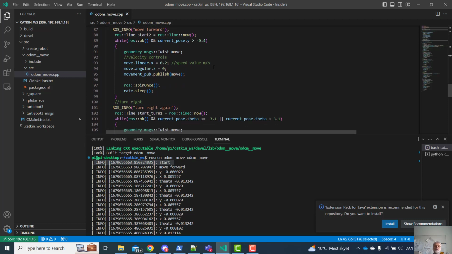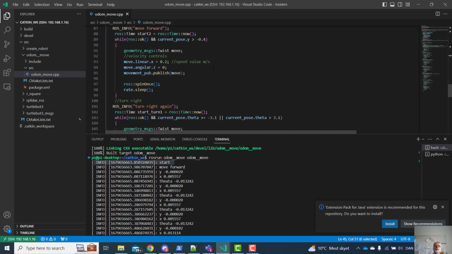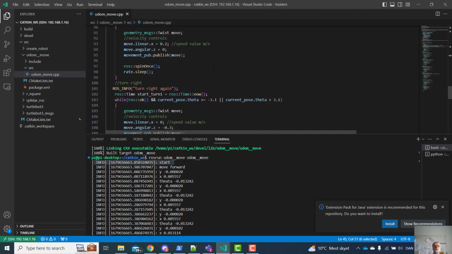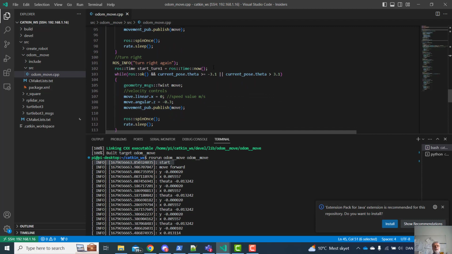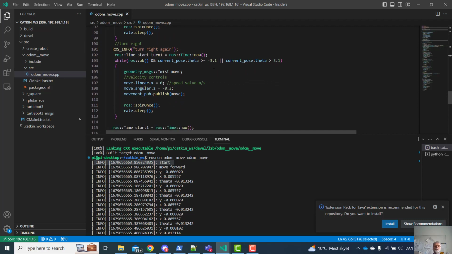No, 0.4 comma minus 0.4, and then we have to turn again, and this is a little bit tricky because the angle is suddenly turning over from minus pi to plus pi, and that means we have to turn until we reach that point where it turns over.